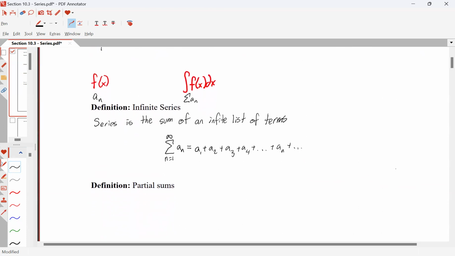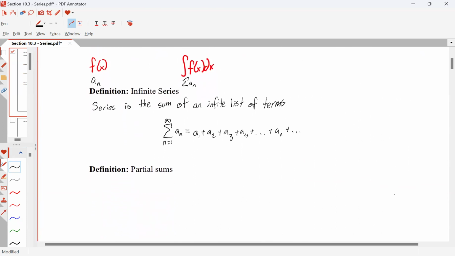So the next thing we introduced to be able to talk about this infinite series is we're going to define what is known as partial sums. Sounds like partial fraction decomposition. Partial just meaning breaking it up a little bit.